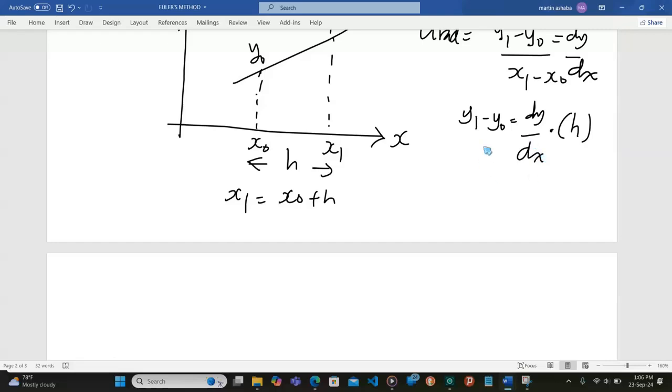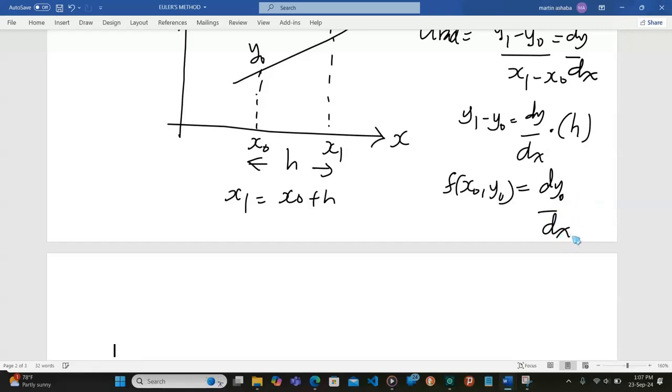But according to Euler, we are provided that f of x, if we take the value of the derivative dy/dx at x naught, that will mean we will have x naught and y naught. This will be the dy/dx that we are talking about.